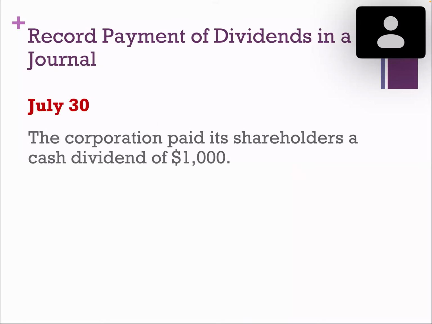Pretty sure I did. Corporation paid its shareholders a cash dividend of $1,000. Okay, so assets equals liabilities plus equity. Okay, we're paying cash, so our assets are going down. So credit asset account, $1,000. And then our equity is going to go down. Okay, two ways to get equity to go down is expense or dividend.